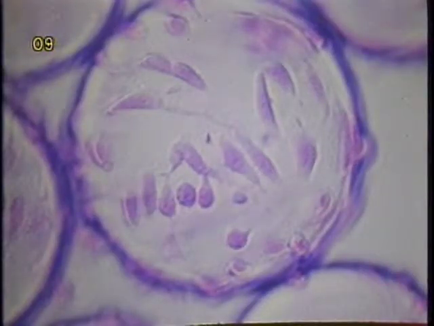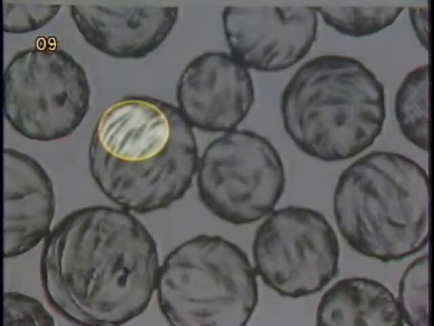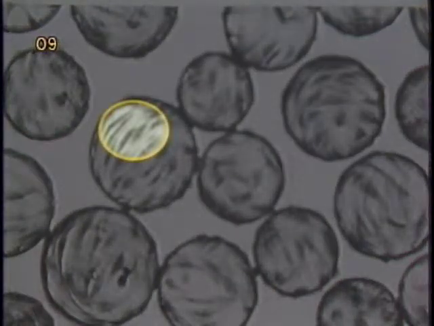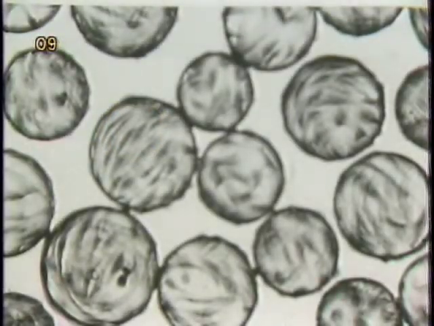However, subtle morphological differences can often be seen between controlled charge microcarriers and collagen or gelatin-coated microcarriers. In general, cells are much more elongated on collagen or gelatin-coated microcarriers than on controlled charge microcarriers.